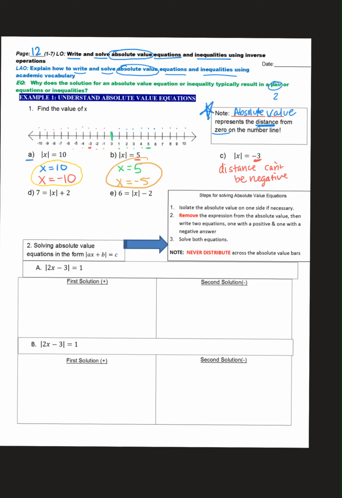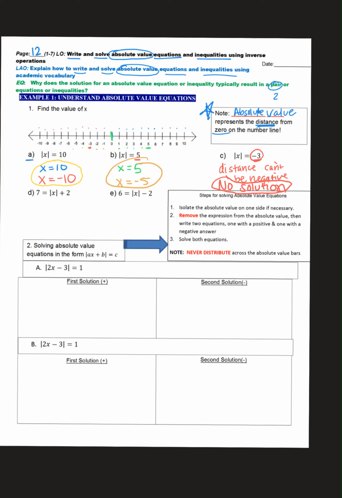So this 5 was positive, but when we went 5 spaces right and 5 spaces left, we got a +5 and a -5 as our answers. But when we talk about our answer here being -3, our distance is negative, and that's not a thing that can happen. We can't go -3 on a number line. We either go 3 spaces right or 3 spaces left. Those are the only options. So, since distance can't be negative, we call this a no solution. That's our answer, because distance can't be negative.